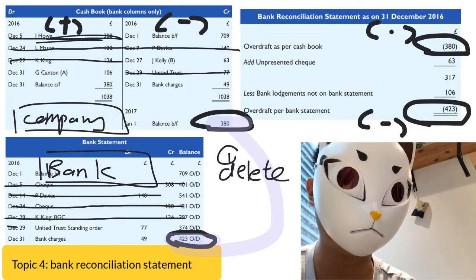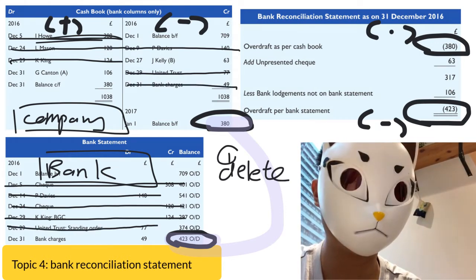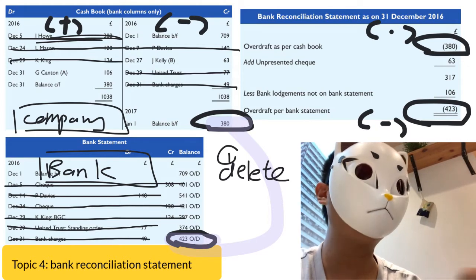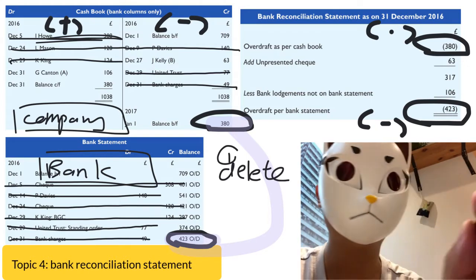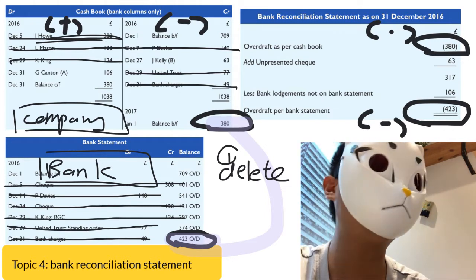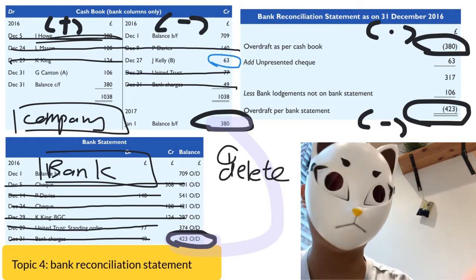Unlimited trust, or bank charges. So after you delete all these items, you can figure out there are 2 items. This one is deducted by the bank.